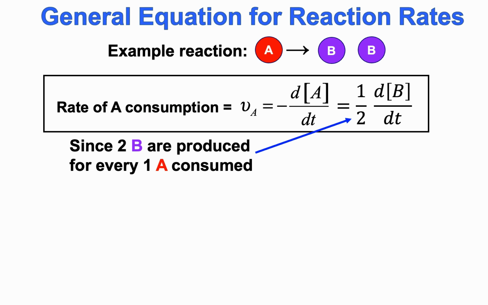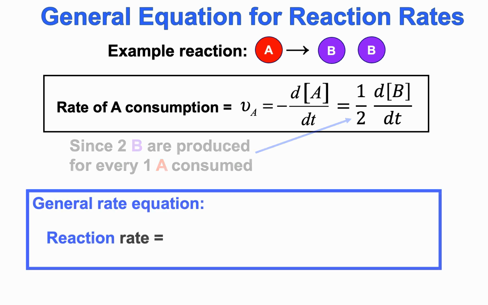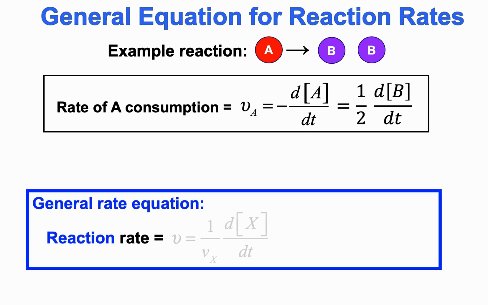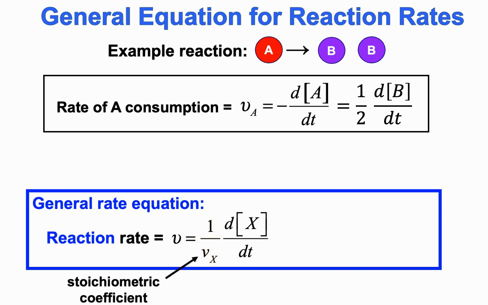So instead of rate of consumption of A or rate of production of B, we want to talk about a reaction rate. So for a reaction rate, we give that the symbol epsilon. Now it has no subscript because it indicates it's the general rate for the reaction. And the general equation for this rate is given here, where we have this extra factor of 1/ν_X. Now ν_X represents the stoichiometric coefficient in the balanced chemical equation for that reactant.